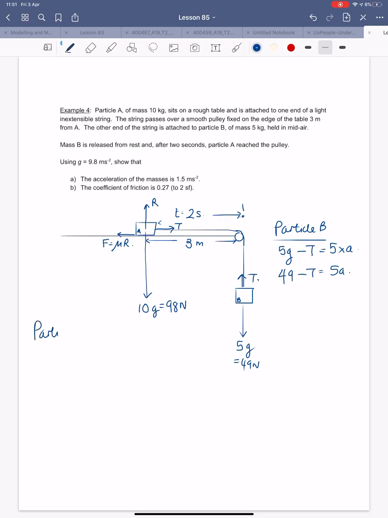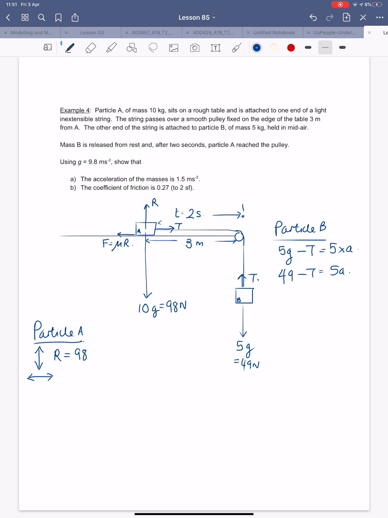Right, particle A over here. Perpendicular to the table, we've got R is 98, because the upwards equals the downwards. R minus 98 is 0 because there's no acceleration perpendicular to the table, so R has to be 98.